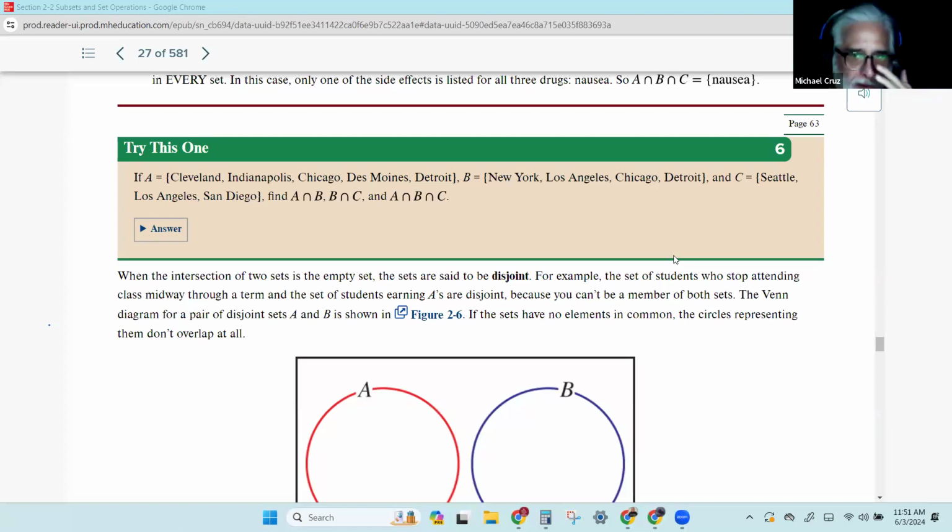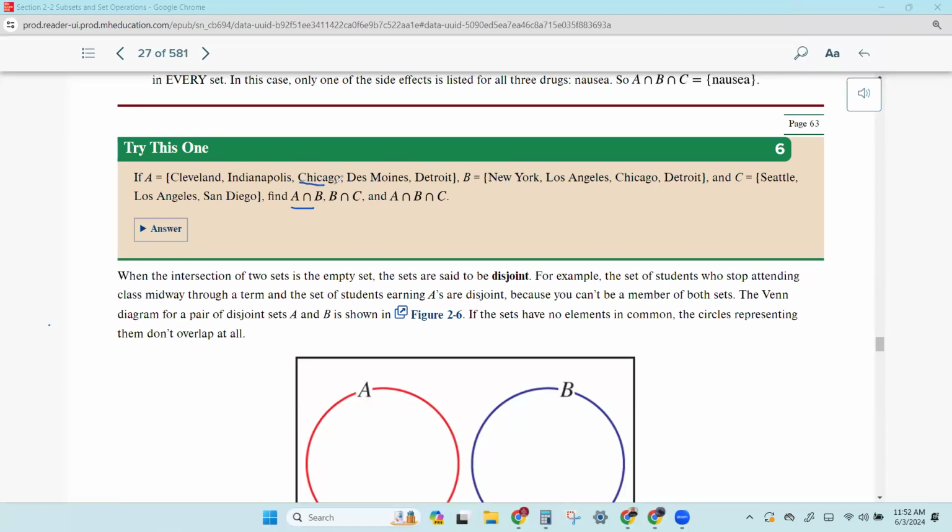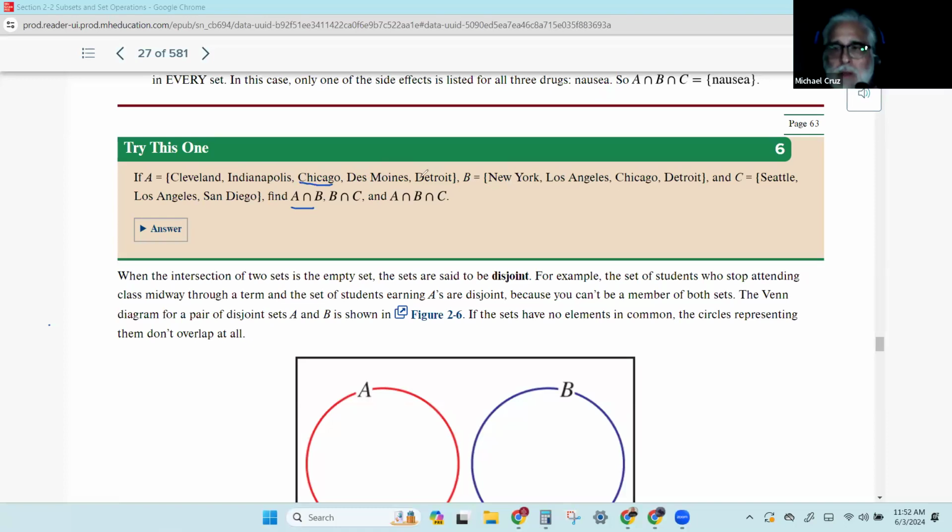So they want us to find 3 different things. They want us to find first A intersection B. So between A and B, what do they have in common? Is it Des Moines, Cleveland, Indianapolis? Chicago. Good. Chicago and Detroit. Good. They're in both.